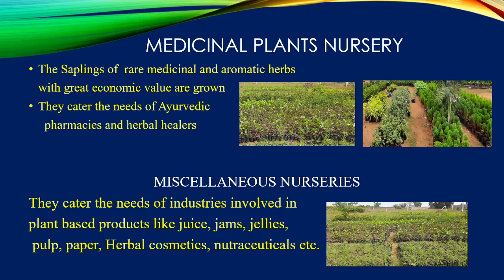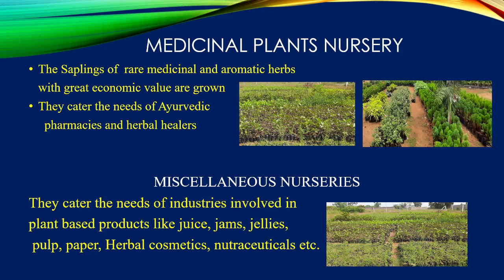Medicinal plants nursery. The saplings of rare medicinal and aromatic herbs with great economic value are grown in these nurseries. These also cater the needs of Ayurvedic pharmacies and herbal healers. Next, miscellaneous nurseries.